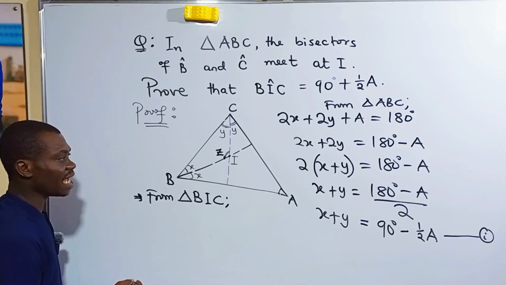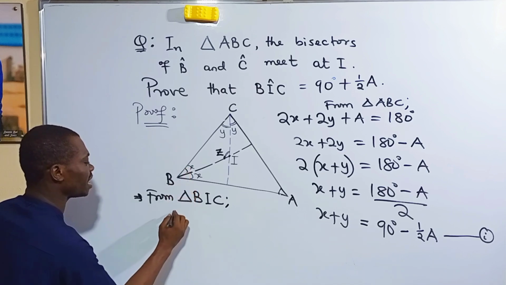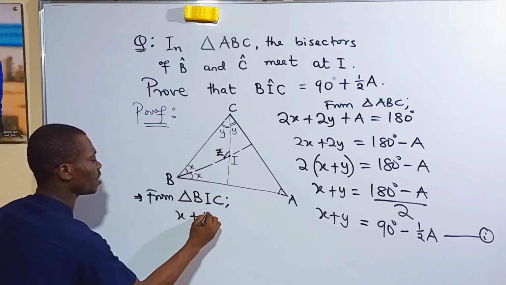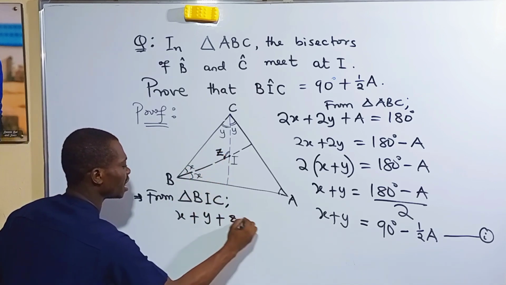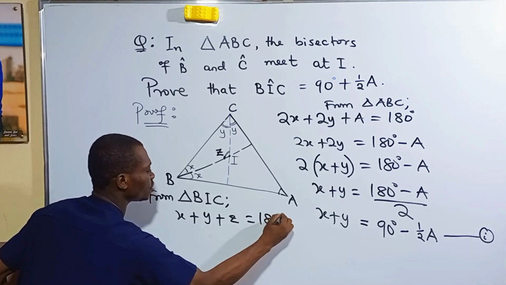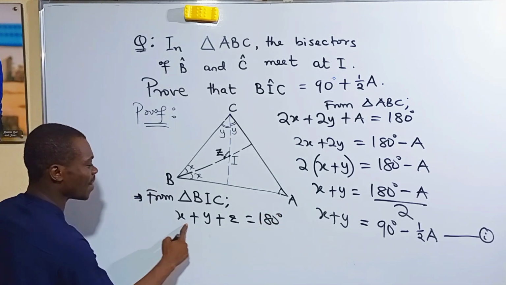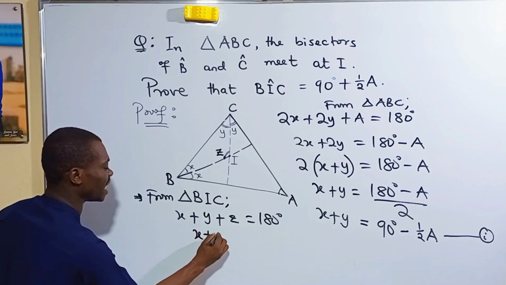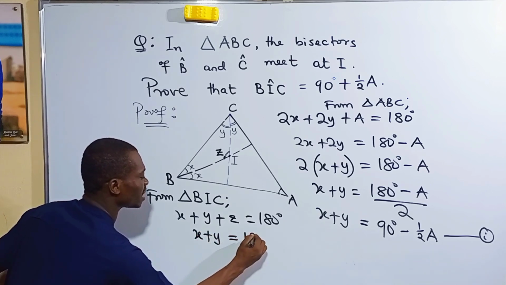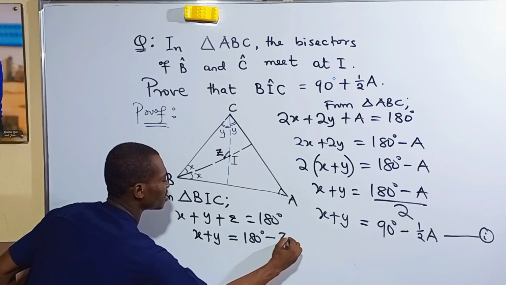From triangle BIC, if I add x plus y plus z, it will be equal to 180 degrees. Watch what will happen here. I can make x and y the subject again, so this will give me 180 degrees minus z.